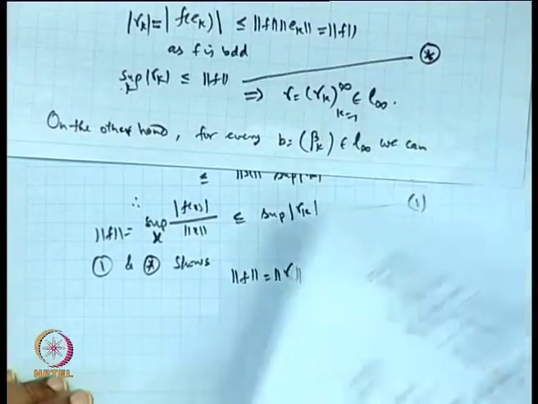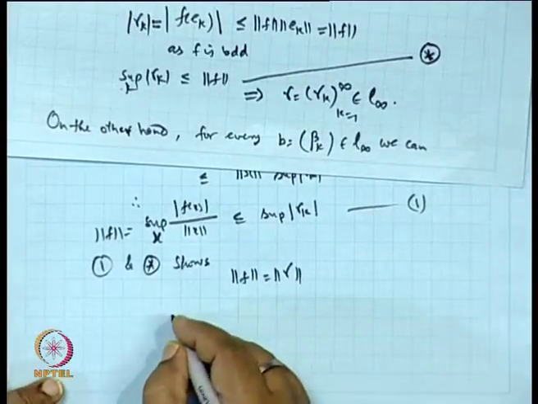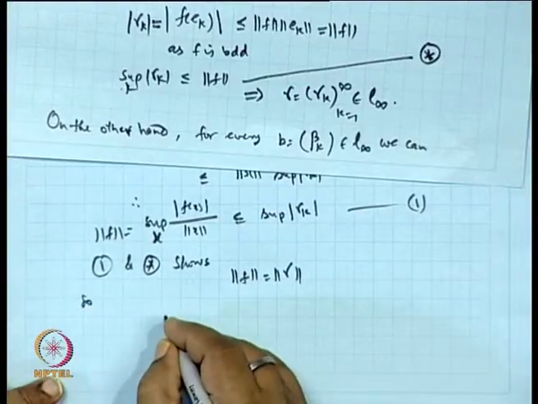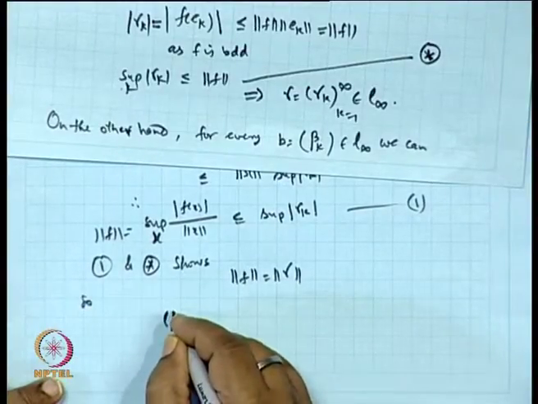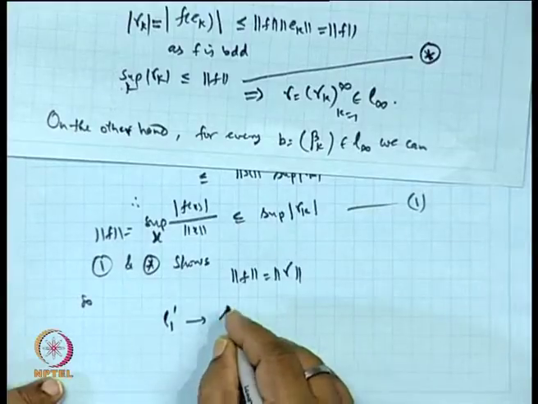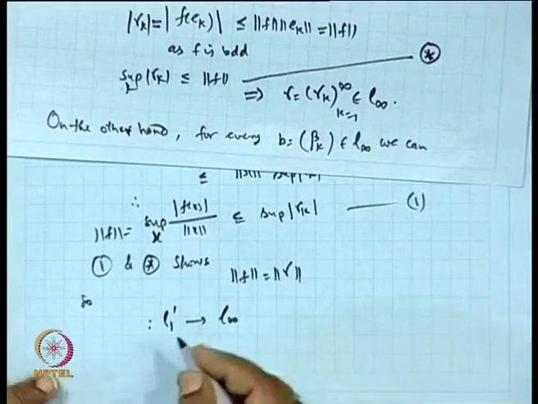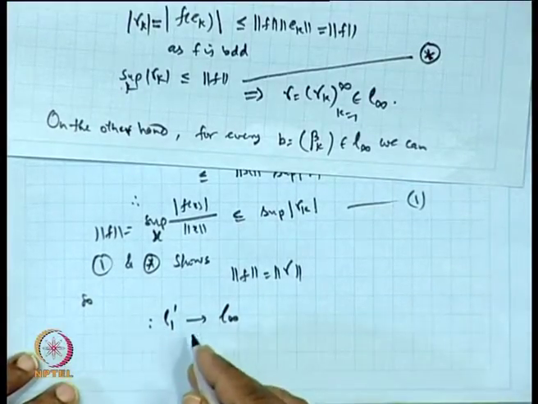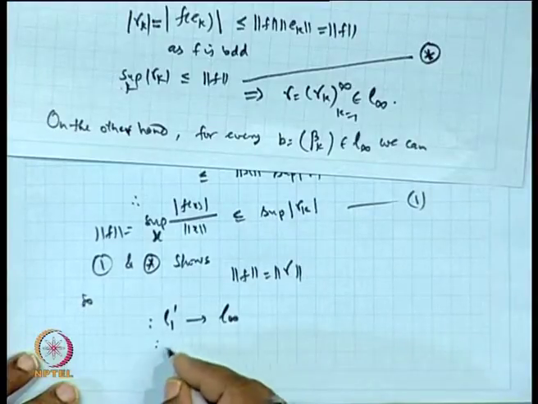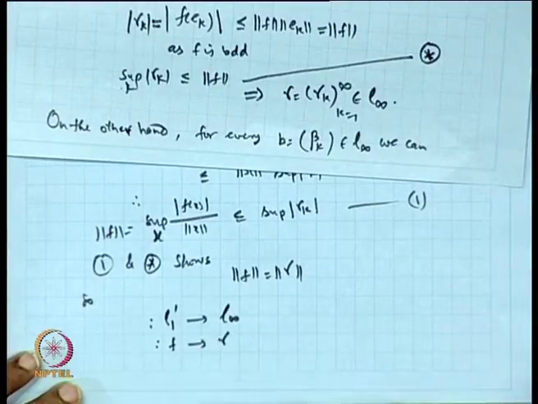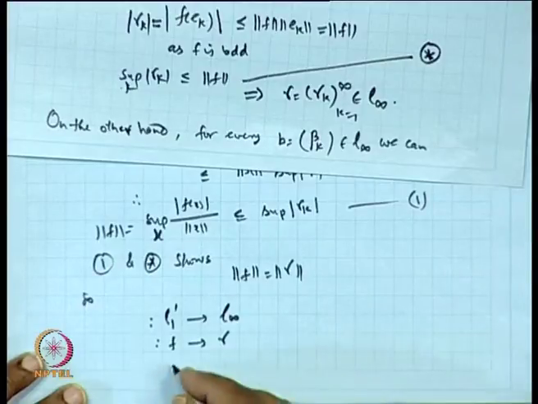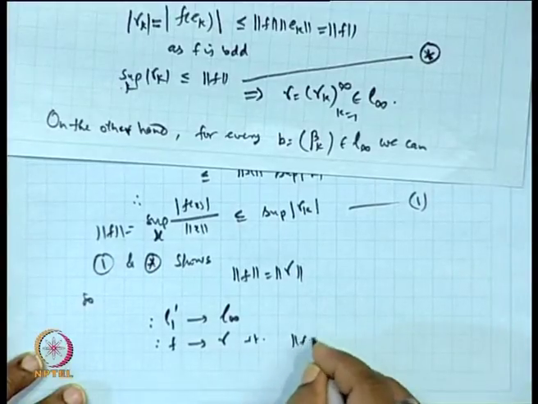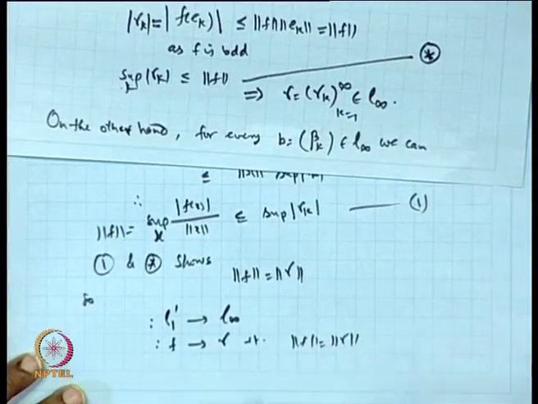So, a mapping can be defined from L1 dual to L infinity which transfers f to gamma such that norm of f equals norm of gamma.